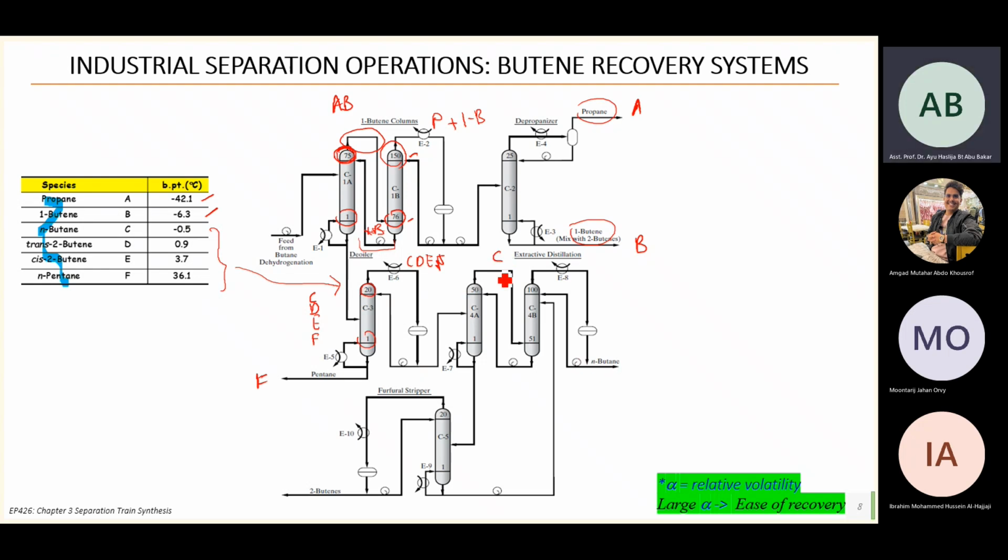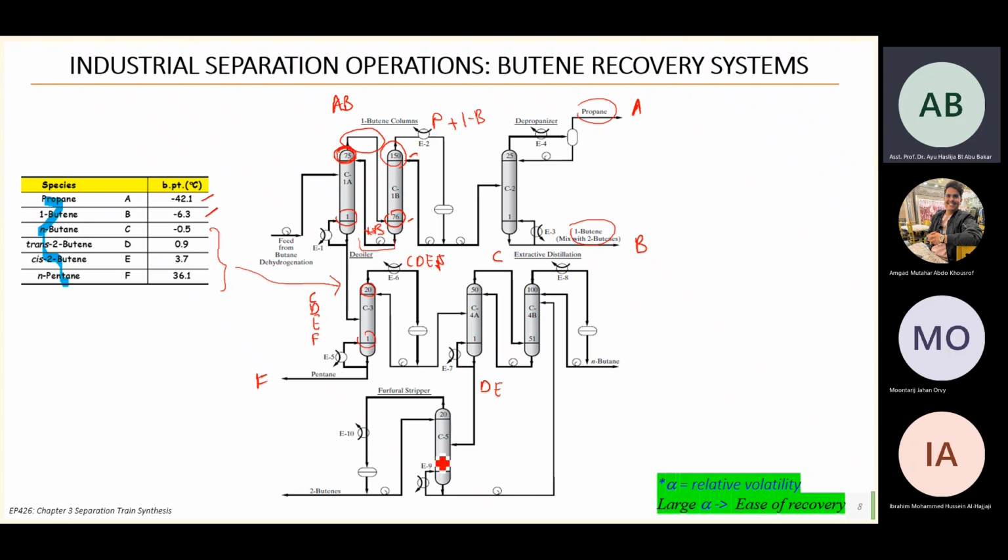C. This one D, E. Because here for the CDE, C is the most volatile compared to DE. So it removes the C up here. DE goes to the bottom.